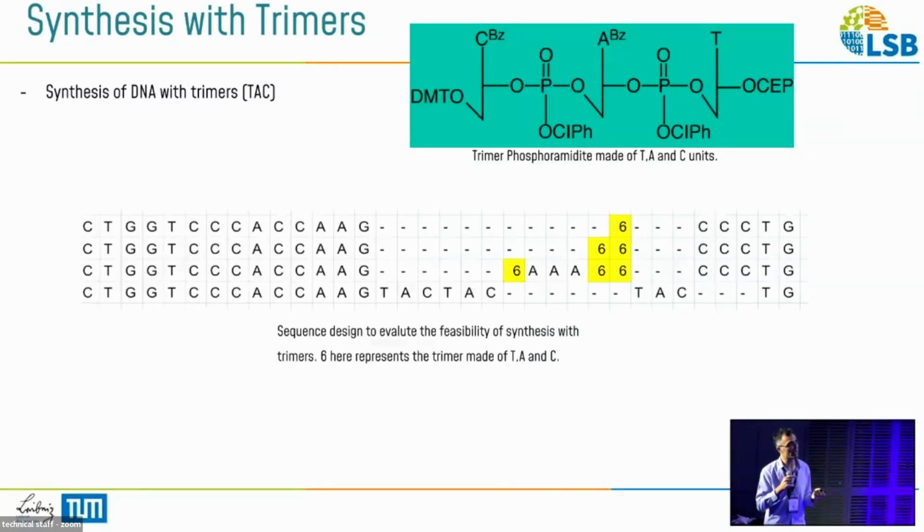I use number 6 because it is readable by our chemical delivery machine. In the first sequence, I just add one trimer in this part. In the second sequence, 2 trimers are consequentially added. In the third sequence, 2 trimers are consequentially added and also separately with another trimer. And the last one is just a control.